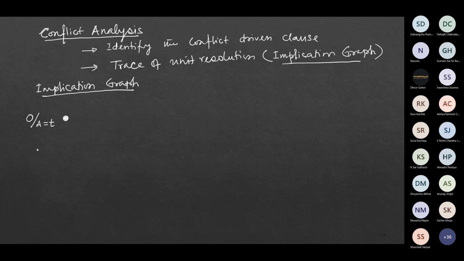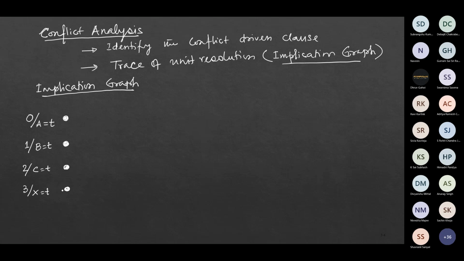In the first level, we have assigned B equal to true. Again, this is a node here. In the second level, we are assigning C to be true. This is again a node here. And in the third level, we are assigning true to X, another node. So for every assignment, we are creating a node at every level, right?